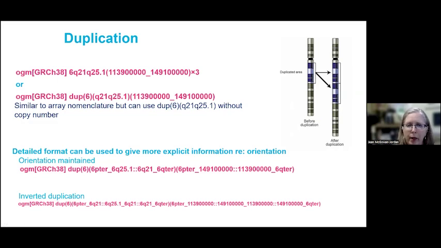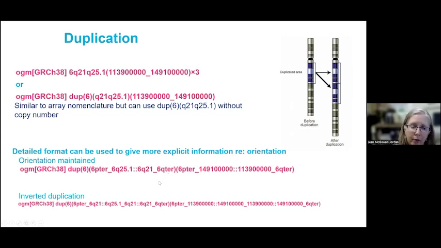But if you want to make it even more explicit, you can use the detailed format to describe your duplicated 6 in this particular example. In that way the orientation is very clear, because, like the detailed format does for other types of nomenclature, you're basically drawing out the chromosome from P-ter to Q-ter.